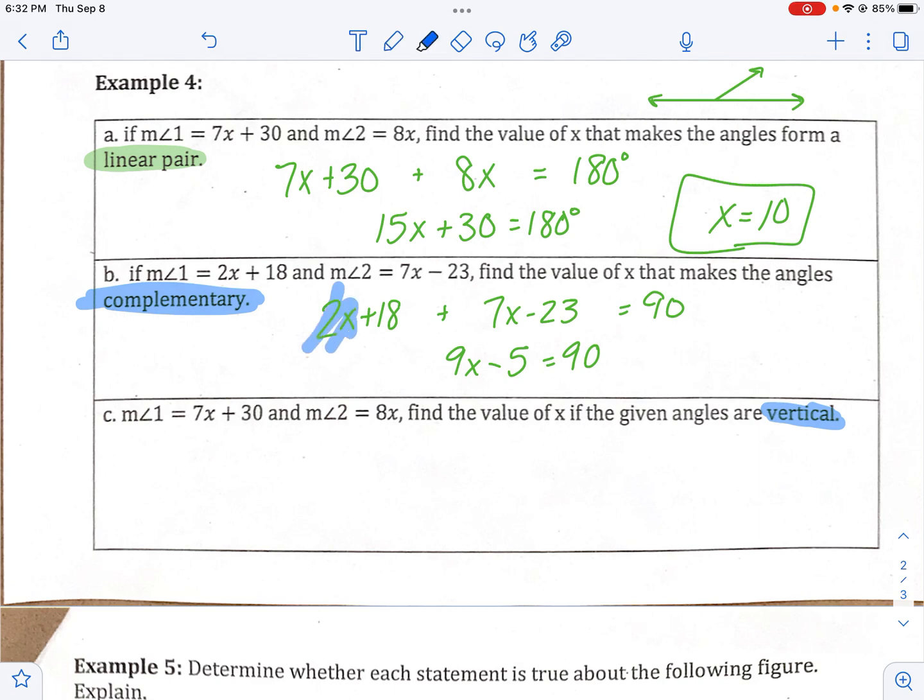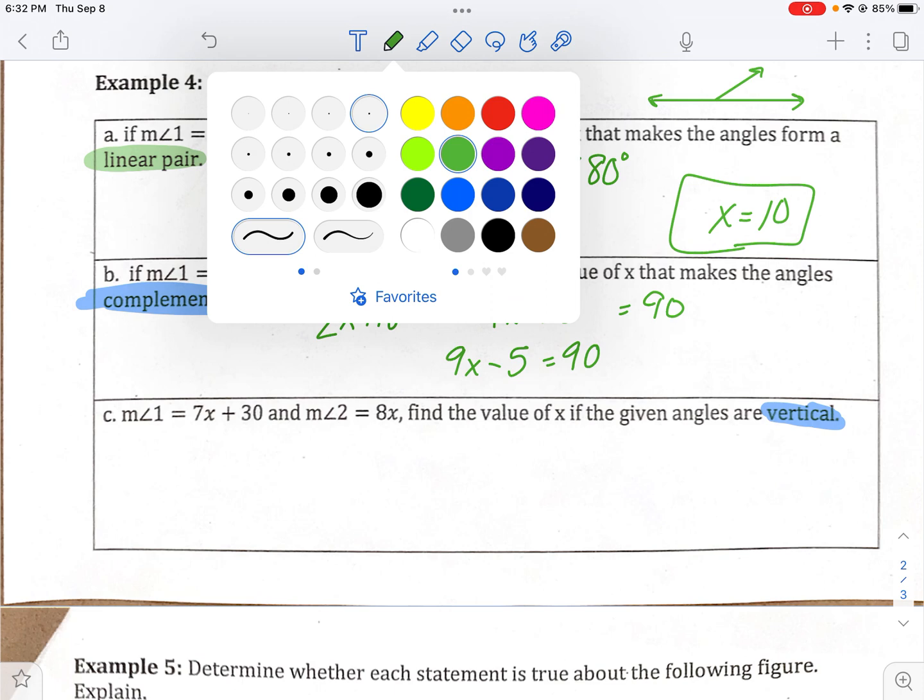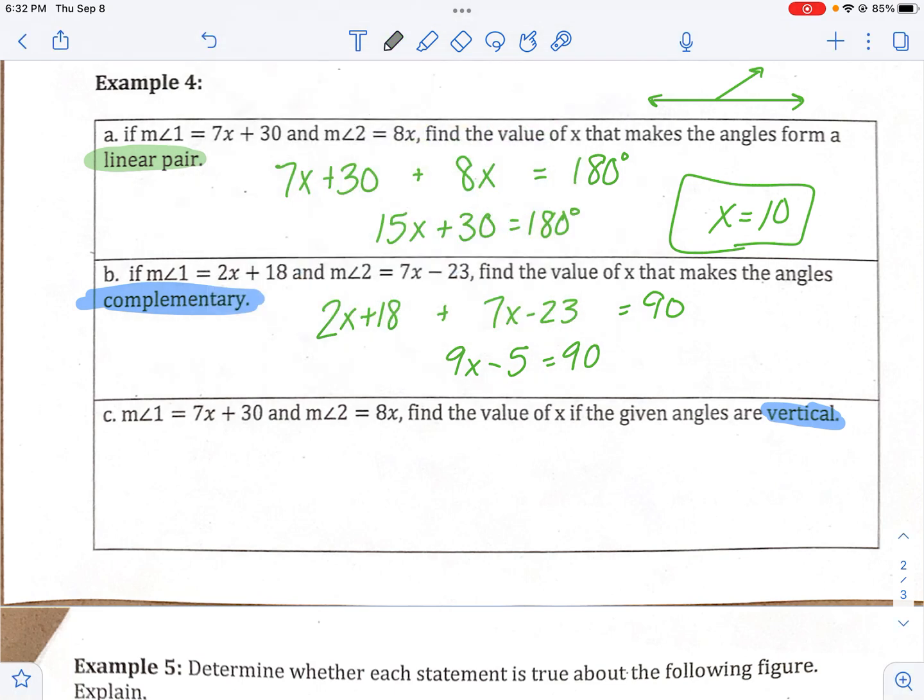Right, you've got 2x and 7x is 9x. 18 minus 23 is negative 5 equals 90, so 9x equals 95. I'm going to erase this later. And I'll get some decimal there.